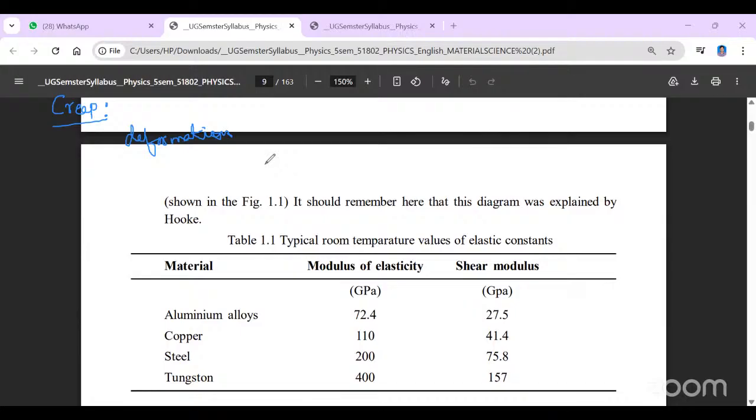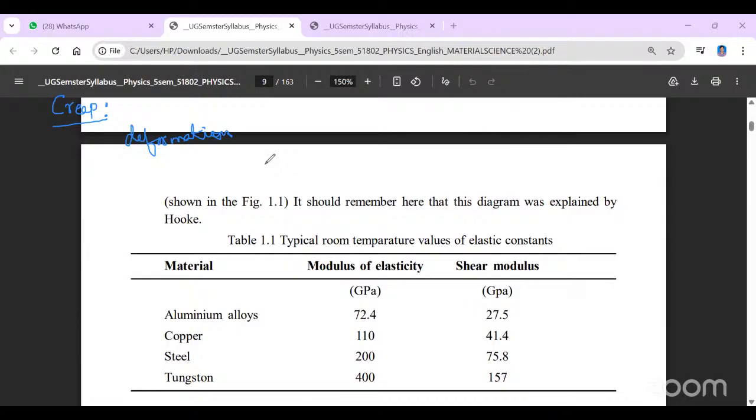Like the example I mentioned, if you take a turbine blade of a gas turbine and the creep rate is more, the lifetime of those blades will be less. If the creep rate is less, then the turbine blades will have a longer lifetime.